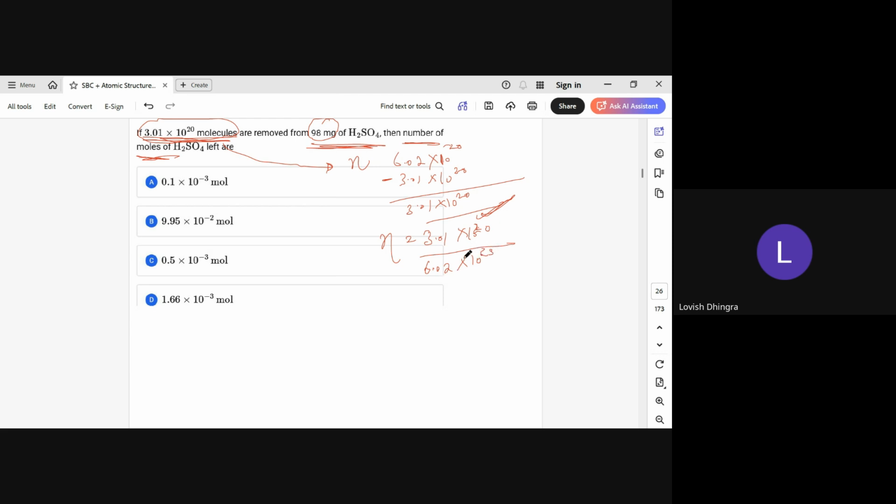This point is clear now? So the number of moles will be 0.5 into 10 to the power minus 3. This much is the number of moles of sulfuric acid that are left. So the answer will be option C. Clear to everyone?